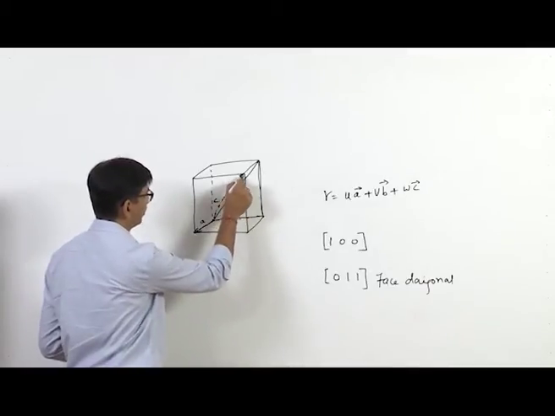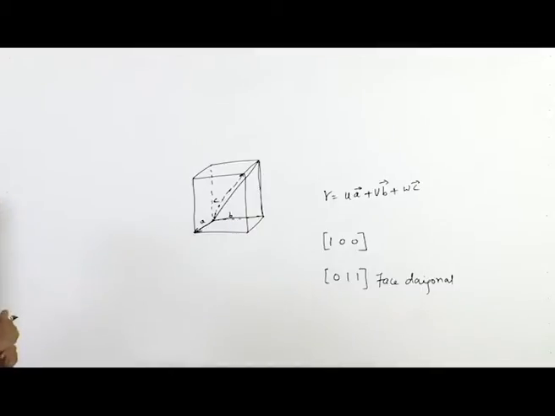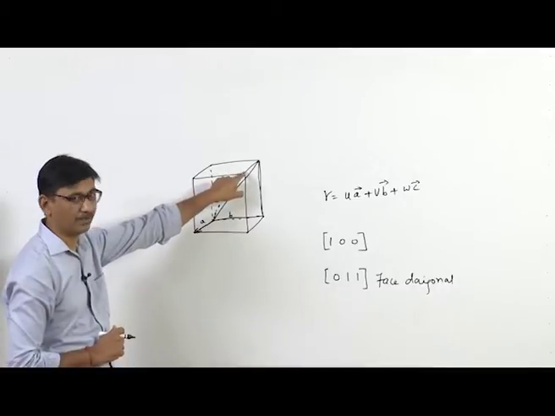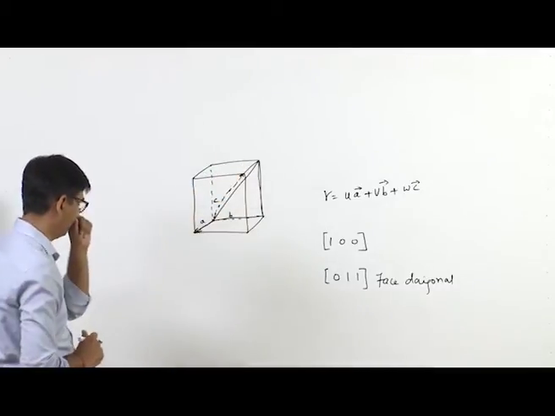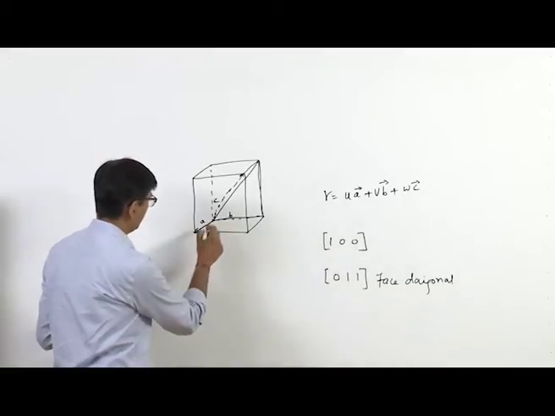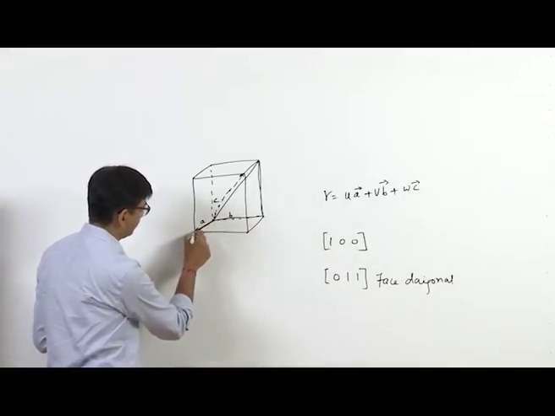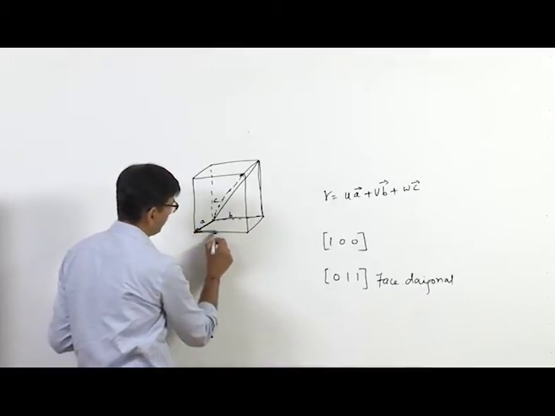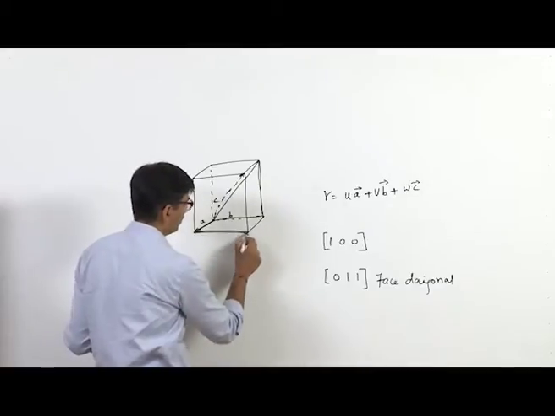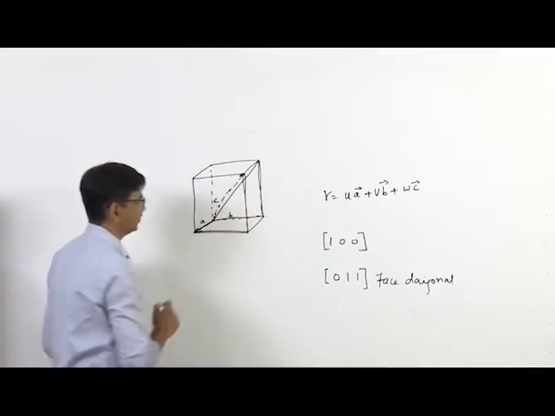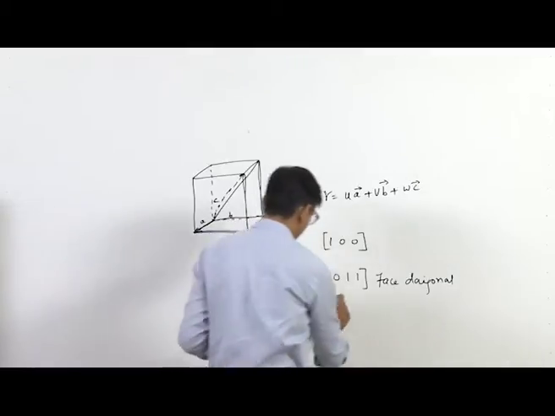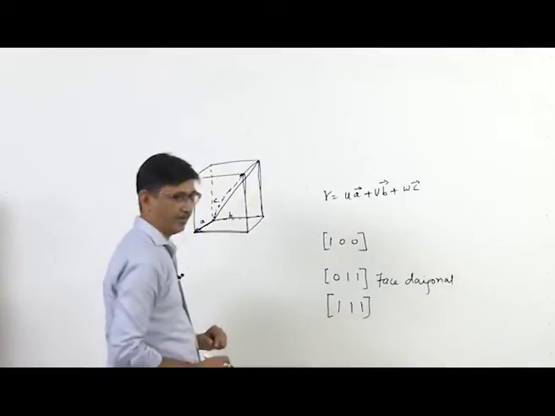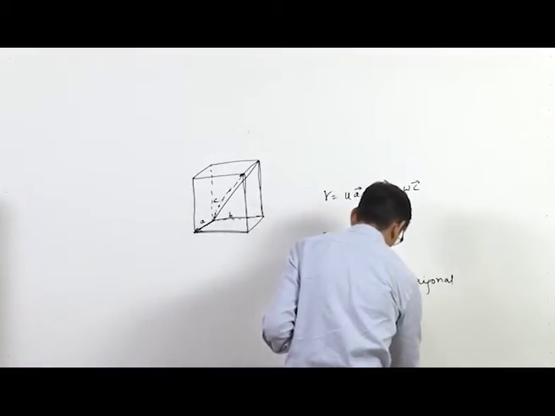I want to know the indexing of this one, from this particular point to the diagonally opposite point here. For this one I will be going 1 unit in A direction, 1 unit in B direction, 1 unit in C direction to reach this point. So, I am going 1 unit in all directions. The indexing will be 1 1 1, and this is what we call a body diagonal.